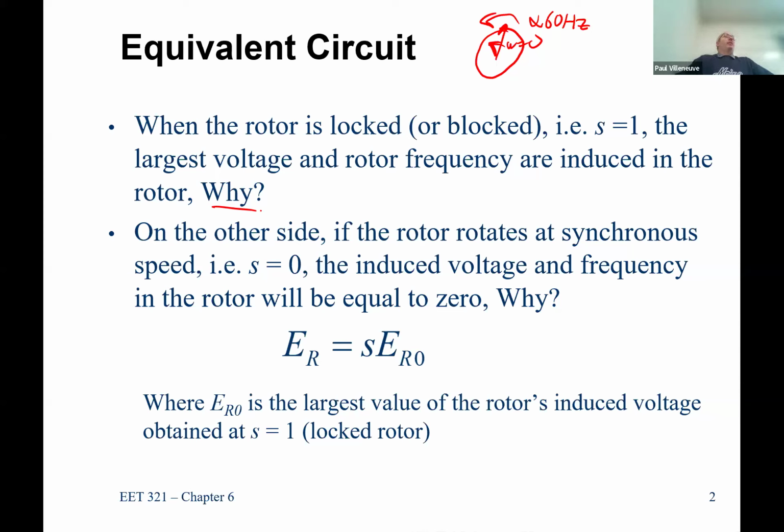What about at synchronous speed? What if the rotor is operating at synchronous speed? What kind of current and voltage will you be generating on the rotor? Very good. None, because you have no difference in speed. If this is operating at exactly the same speed as that rotating magnetic field, there is no changing magnetic field, right? Again, you only induce a current when you see a changing magnetic field, just like in an inductor. What happens when you put DC to an inductor?